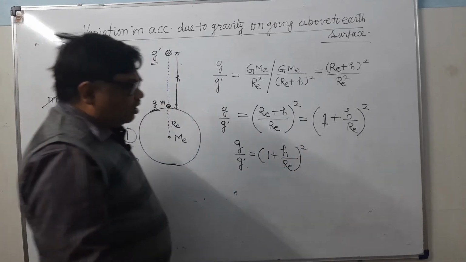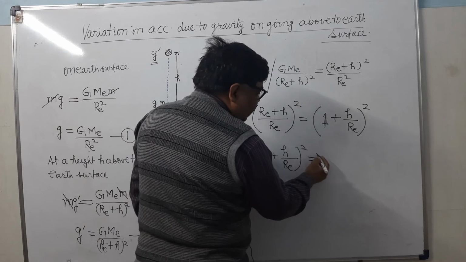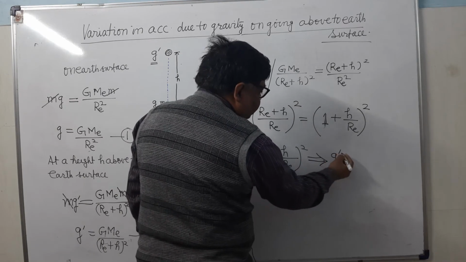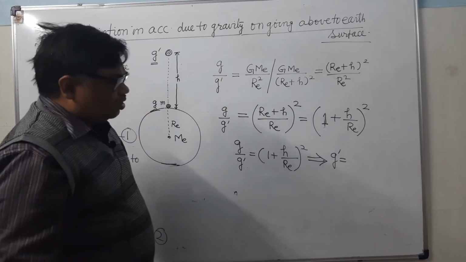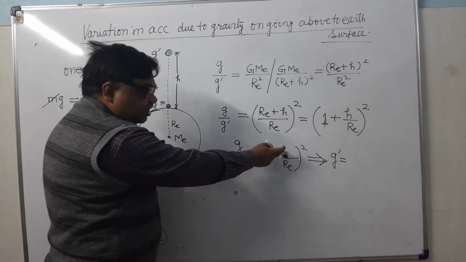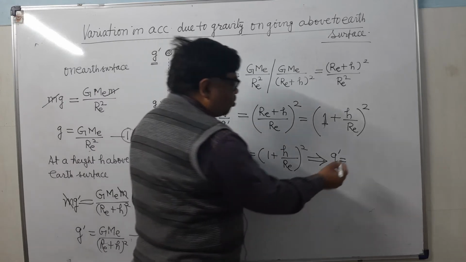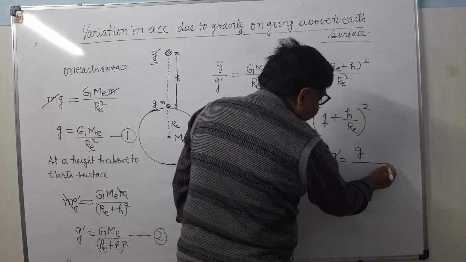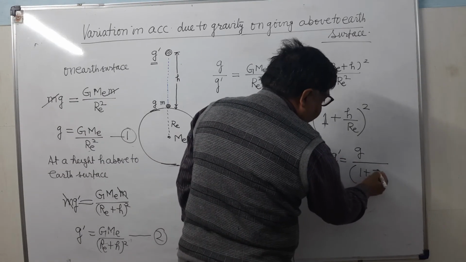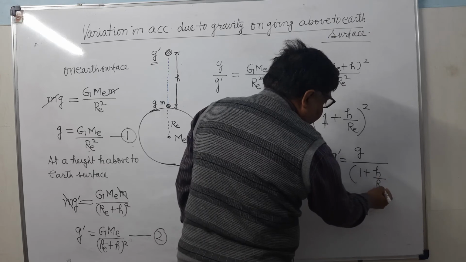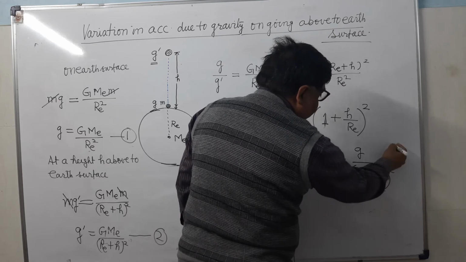On determining the value of g dash from here, what will you get? g dash equals, you take this here and bring this thing in the denominator. So it will be equal to g upon (1 plus h upon Re) whole square.